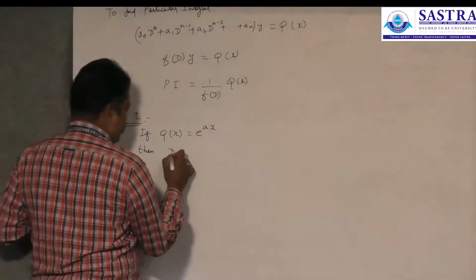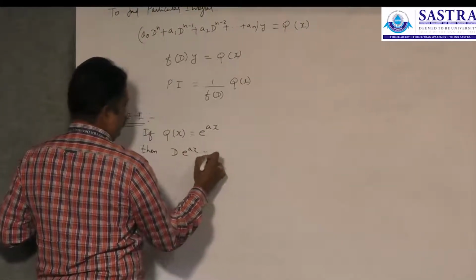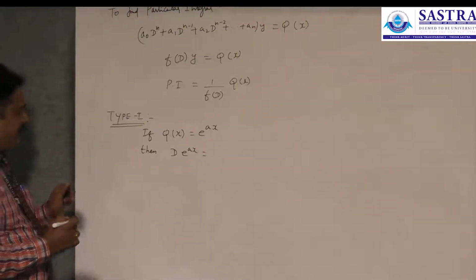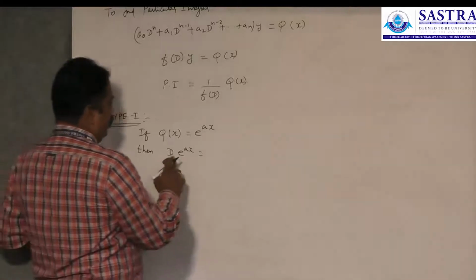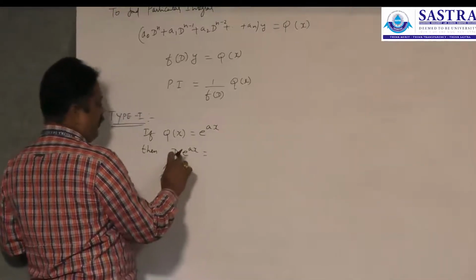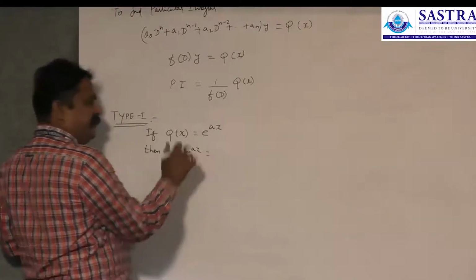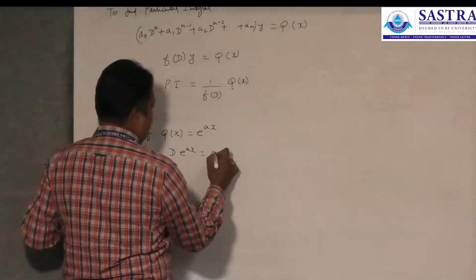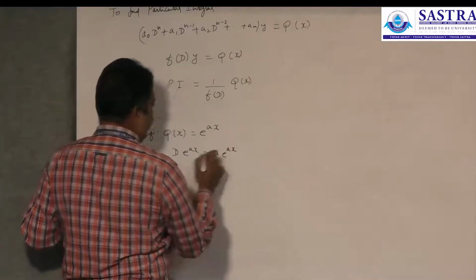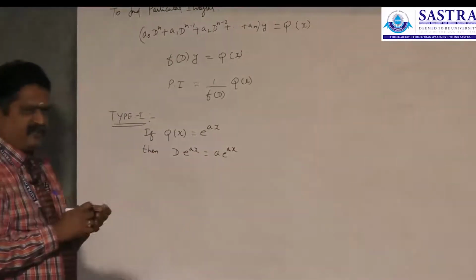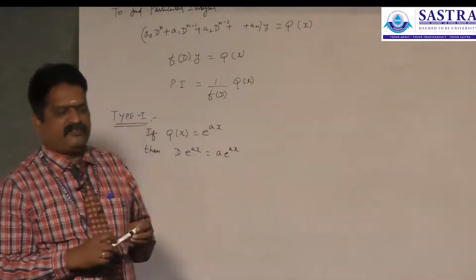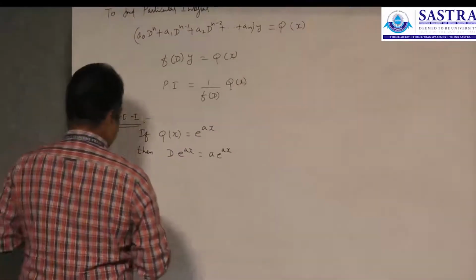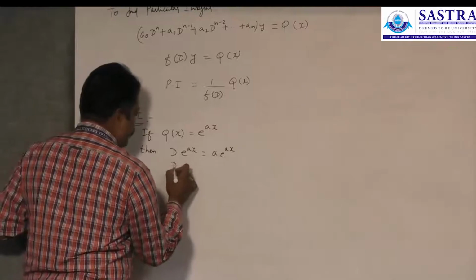what is D e^(ax)? I have already told you that capital D stands for d by dx. We have to operate D upon e^(ax), that is, differentiate e^(ax). On differentiating e^(ax), we get a e^(ax).